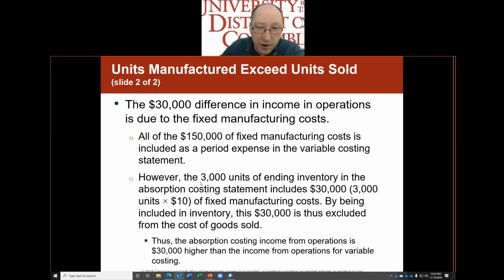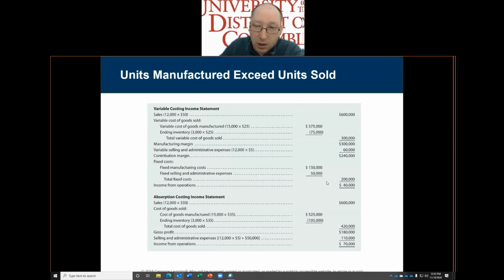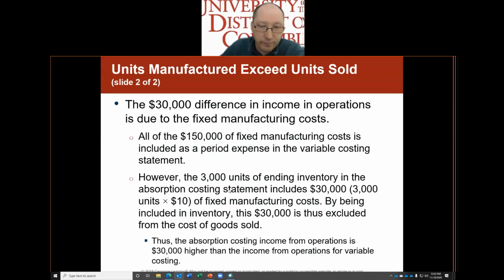So as you know, there's a difference between the two. 40,000 is different from 70,000. This difference in the statement also will have an impact on the company from a tax perspective. So the $30,000 difference between the two is due to the fixed manufacturing costs.